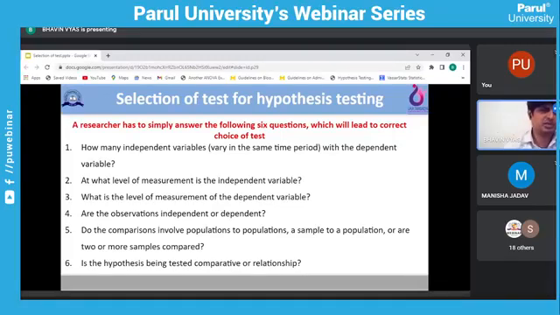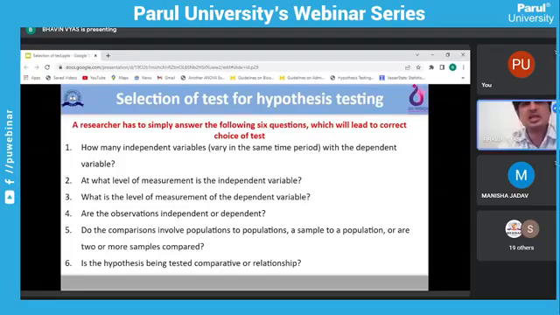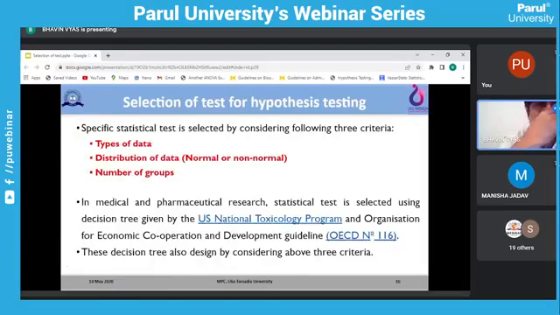And is the hypothesis being tested comparative, or do you have a relationship? If you are able to answer these questions, that will indicate the particular case. In my next phase, I'll try to answer these, and by answering them you will be led to selection of a particular test.